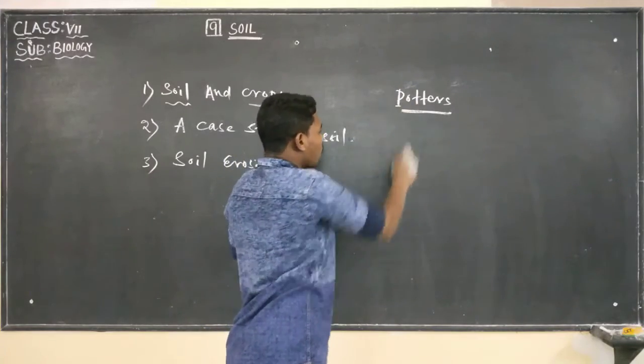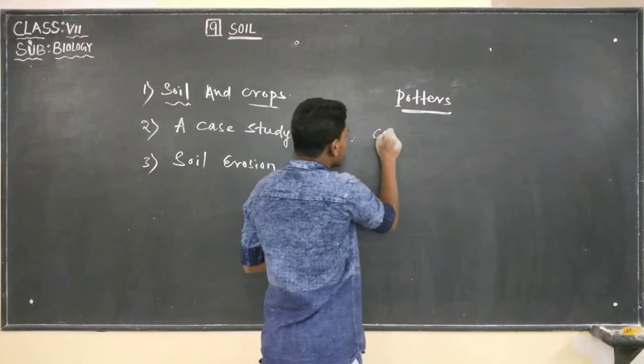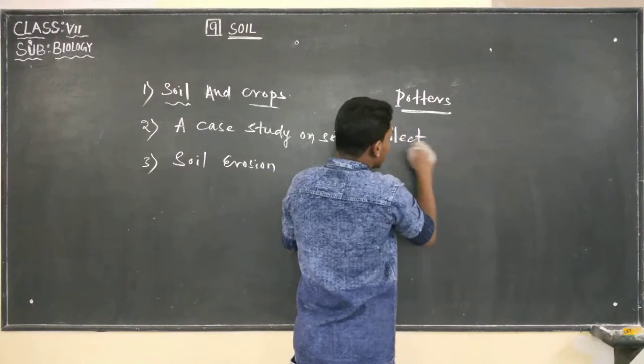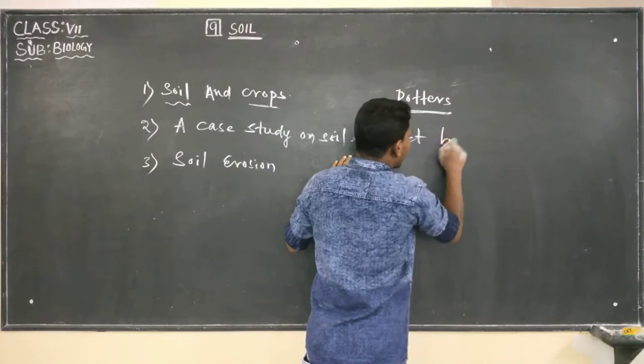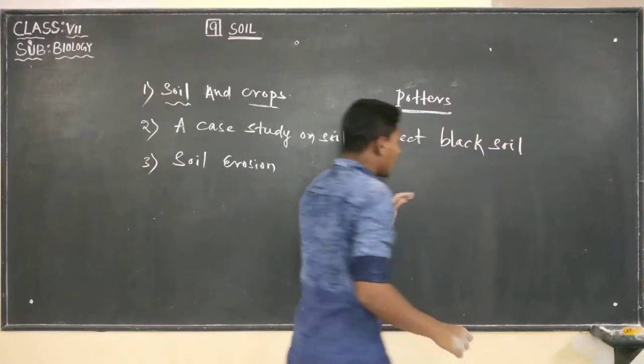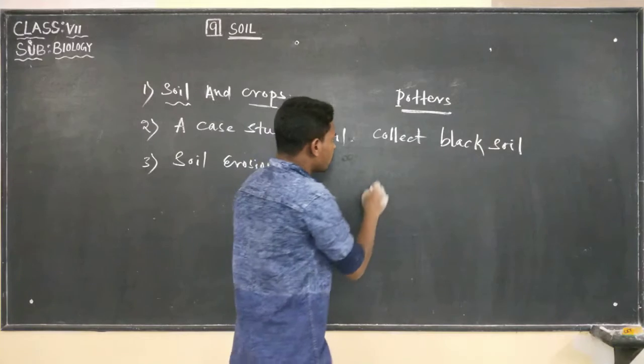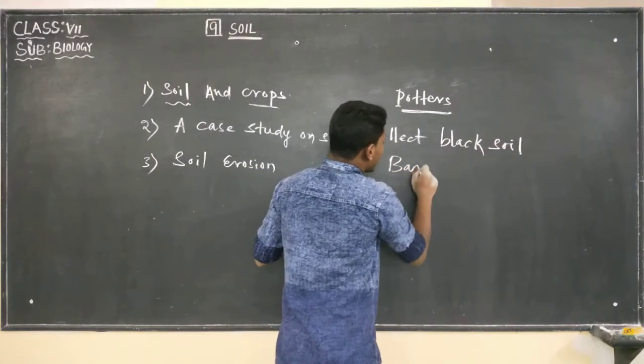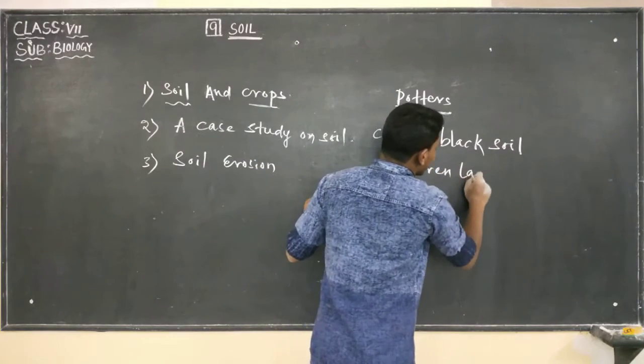So what do potters do? They collect black soil. Black soil is found most probably in barren land.